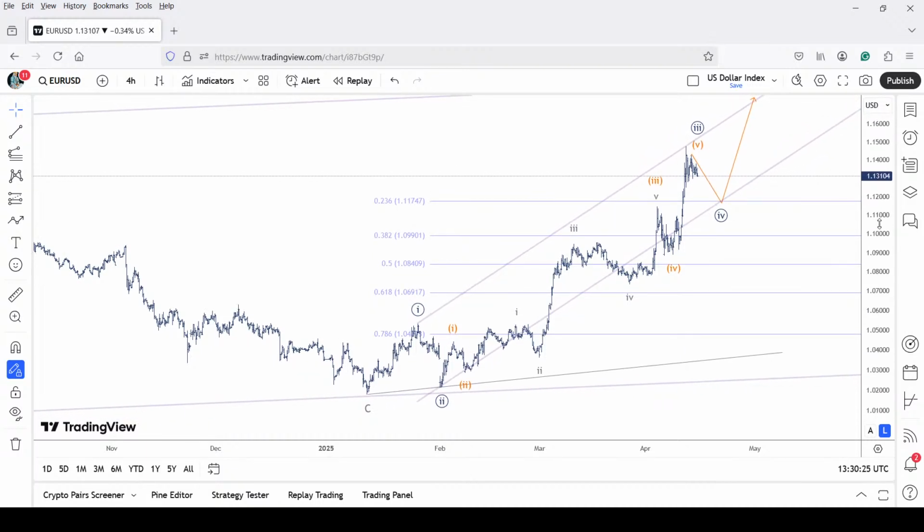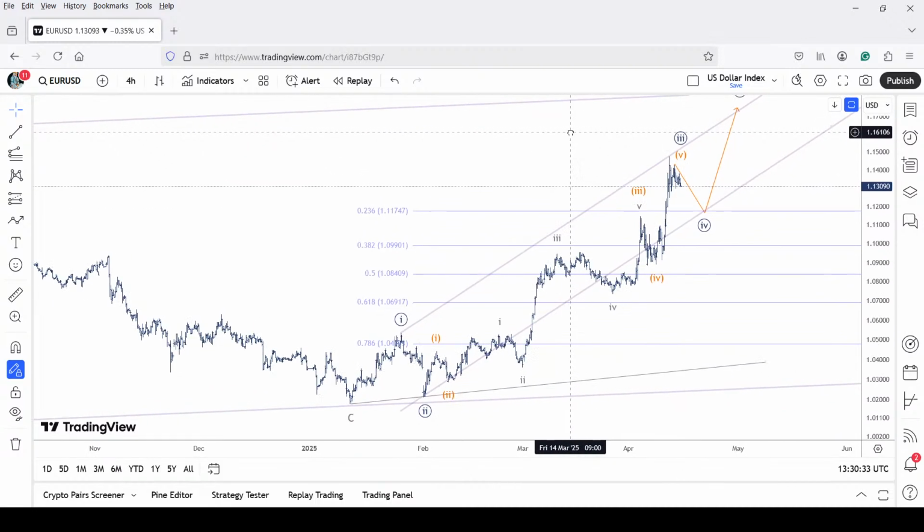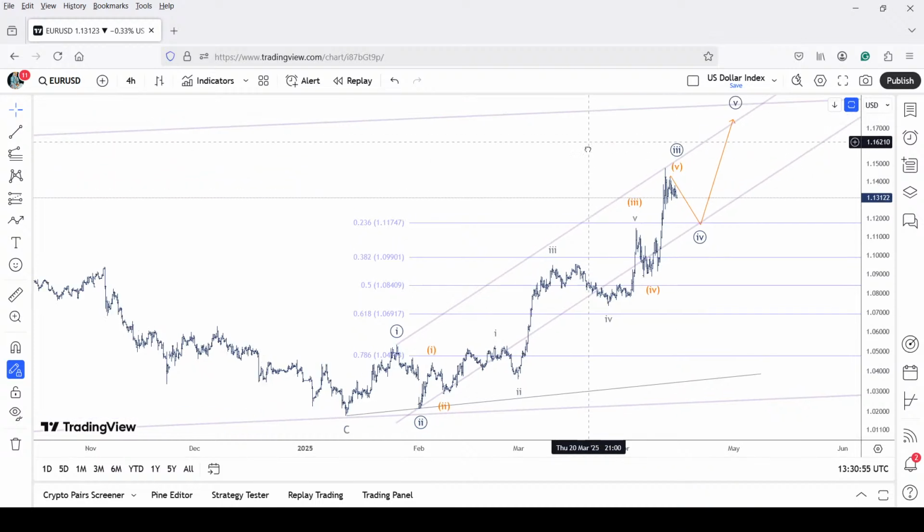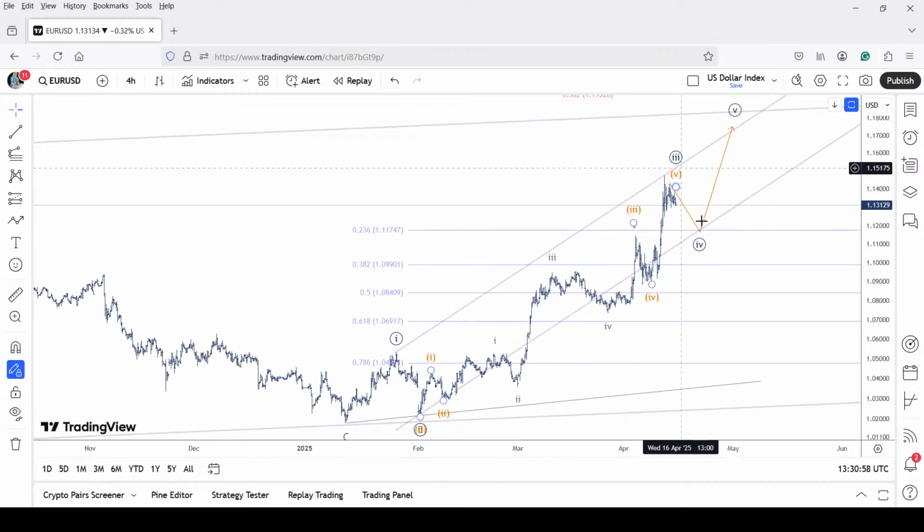But it remains to be seen if this consolidation is actually going towards 1.1170 at least or not, because there could be a very shallow lower degree wave 4 in the making as well before one more high above 1.1475 that would complete the 5 wave structure and minute wave 3, before prices reverse towards minute wave 4. This possibility still remains.